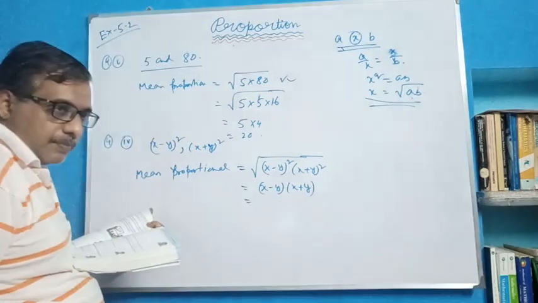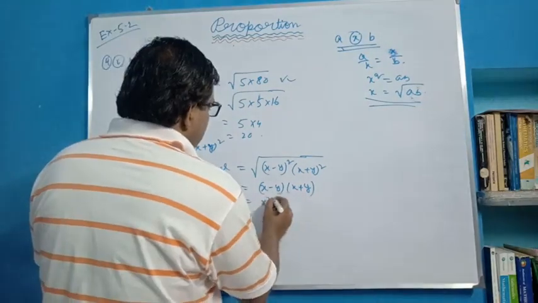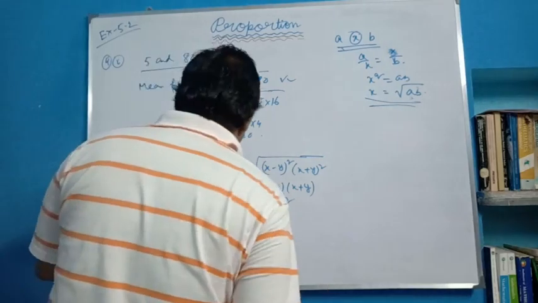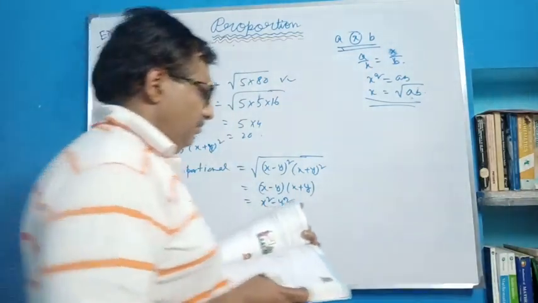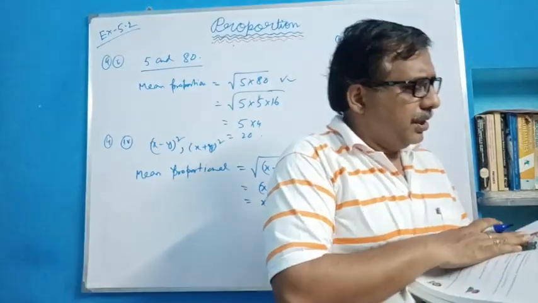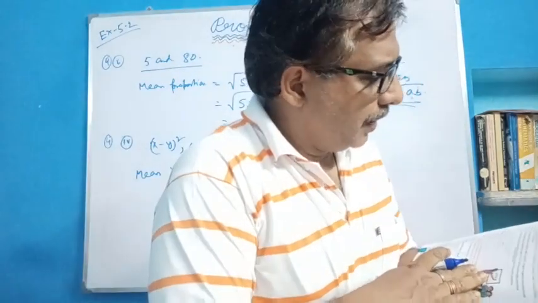X plus y into x minus y, that is x square minus y square. Again we take the positive square root only, since it is given that they are positive numbers.